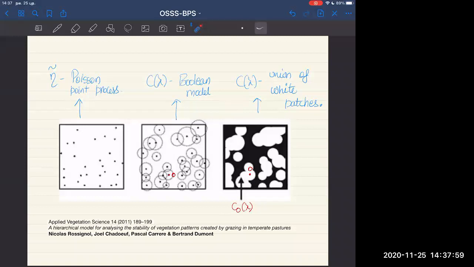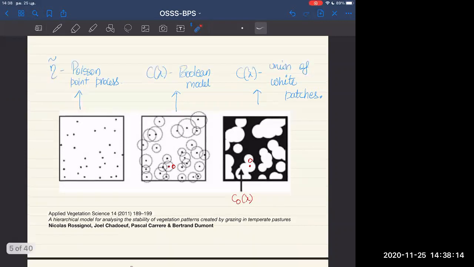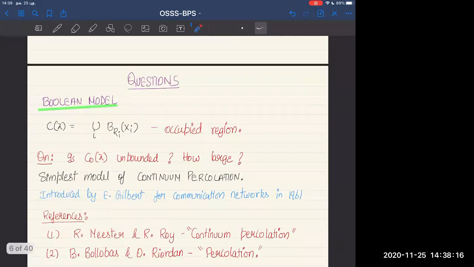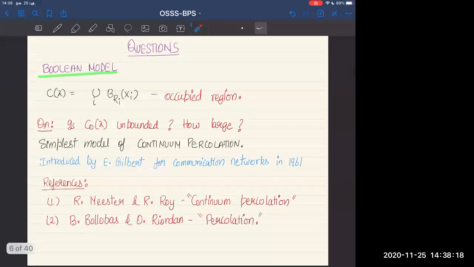This is what we are going to be concerned with: the white patch in the last figure. How large is this white patch? How does it look? Or rather, how large is it, in particular C0 lambda. So what are the questions in this model? Just to recollect, C lambda is the occupied region.